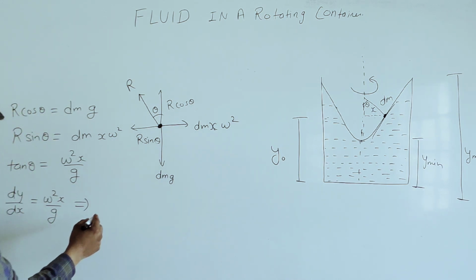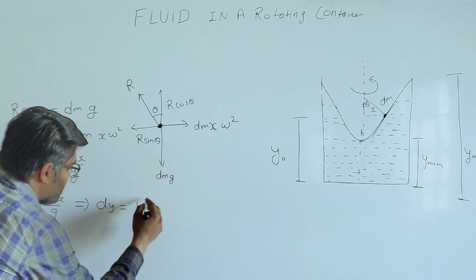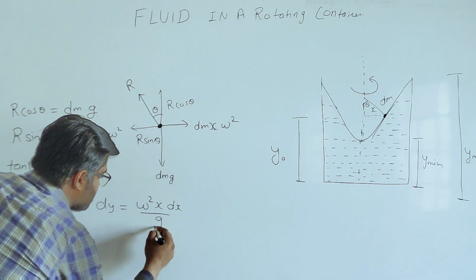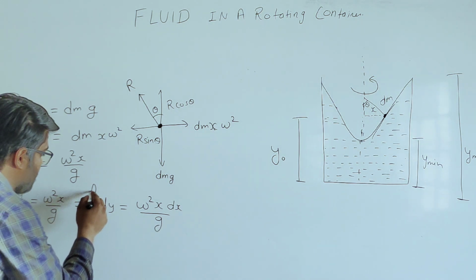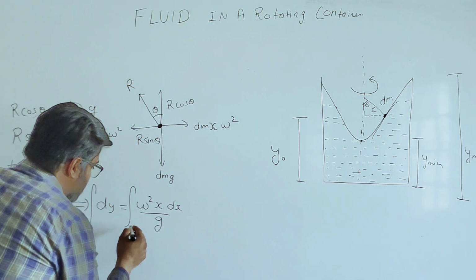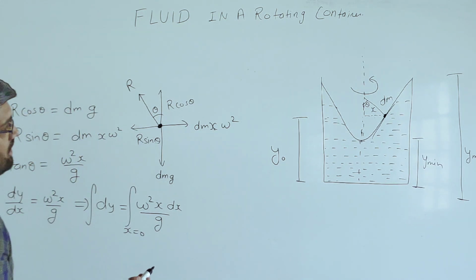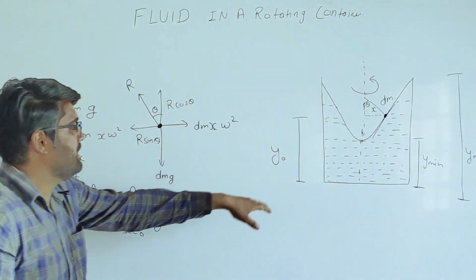Further, this gives us dy equal to omega square x dx by g, and now we are in a situation to integrate this equation. If x was 0, the fluid is here, which is y minimum.